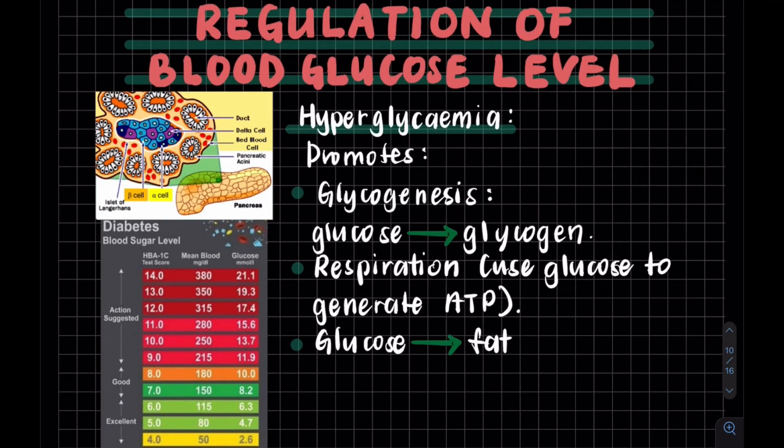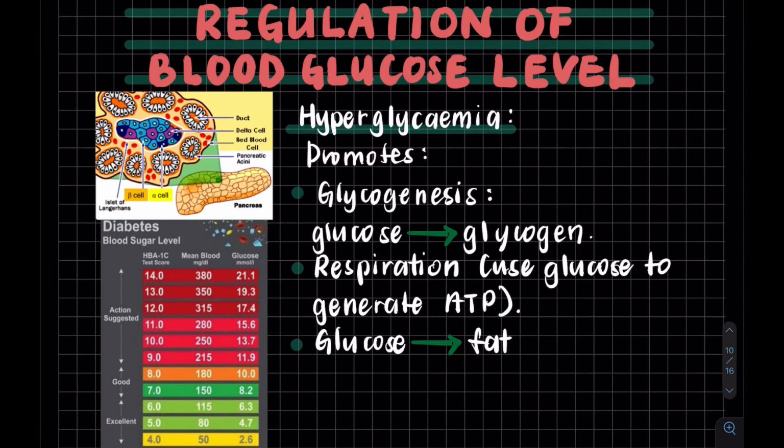Insulin will promote glycogenesis in the liver, which is a process that converts glucose into glycogen. Insulin will also promote cellular respiration in liver and muscle tissue, where glucose is used to generate ATP. Next, insulin promotes the conversion of glucose into fats.